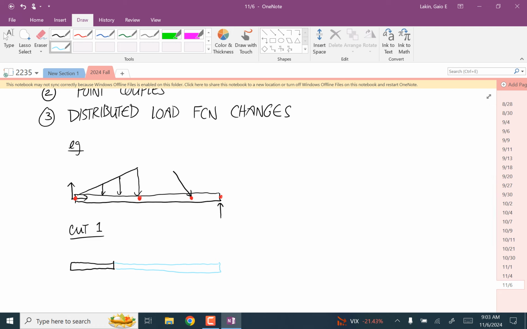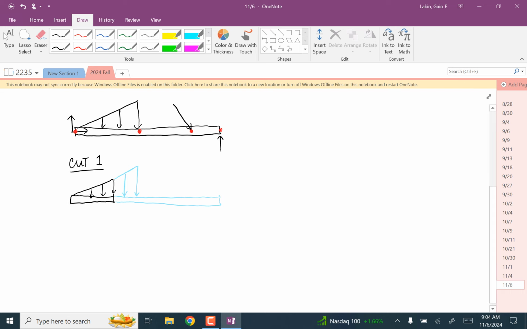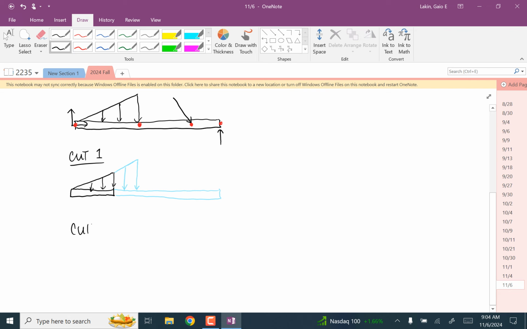So first you're going to do a cut here where you're not including the entire distributed load. Your second cut is going to be, you're just looking at those cutoff points.